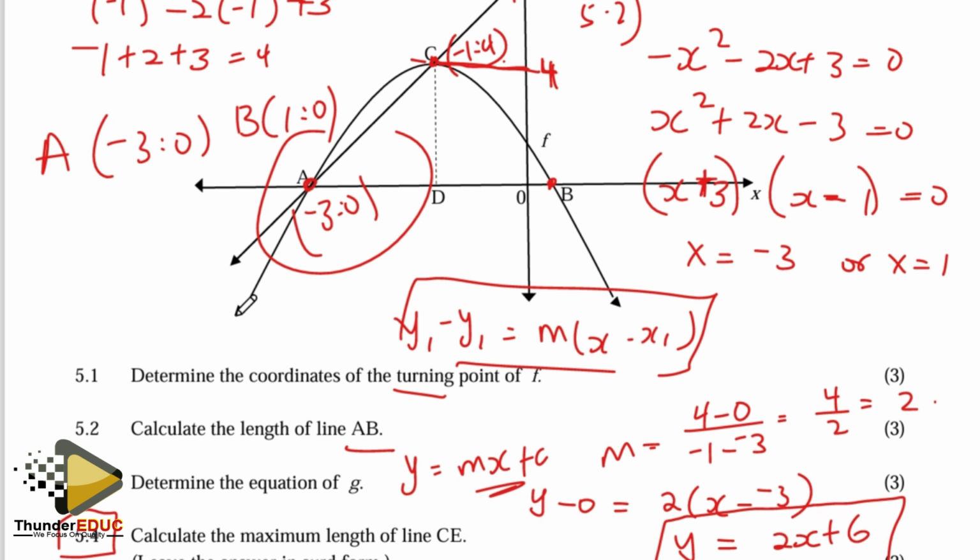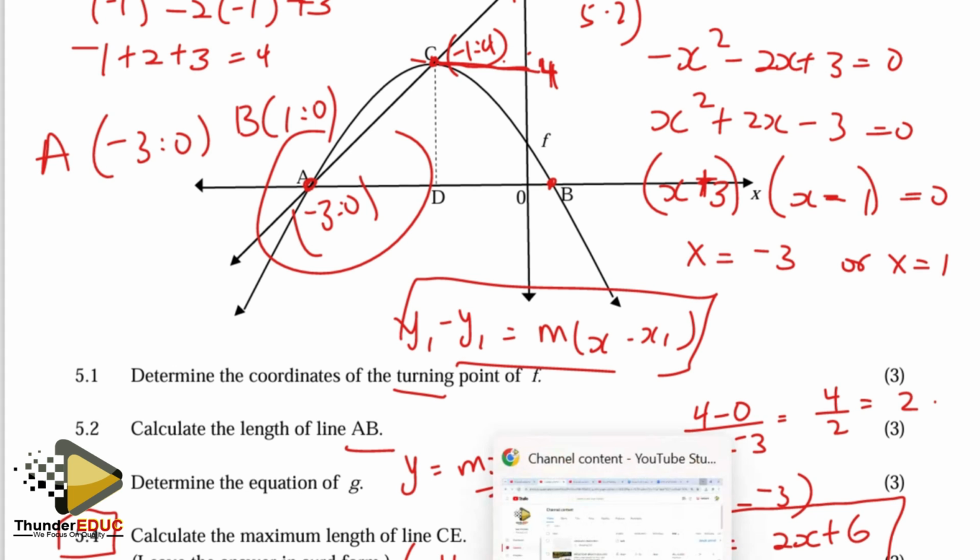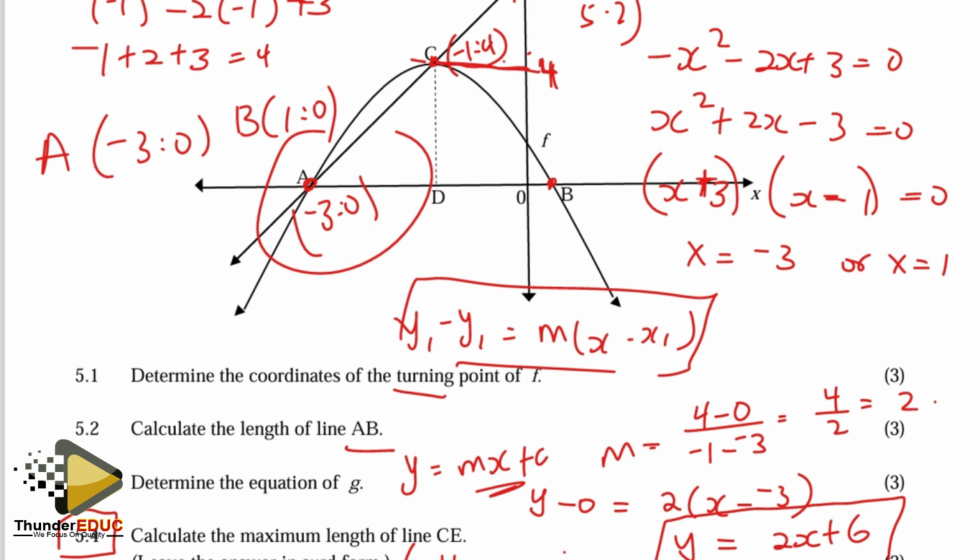How many marks is this question? It's 2 marks. So there's nothing much to stress about with this question. So what we're going to do is we can just subtract 6 minus 4, which gives us 2 units. So if that is 2 units, then that becomes our maximum length.